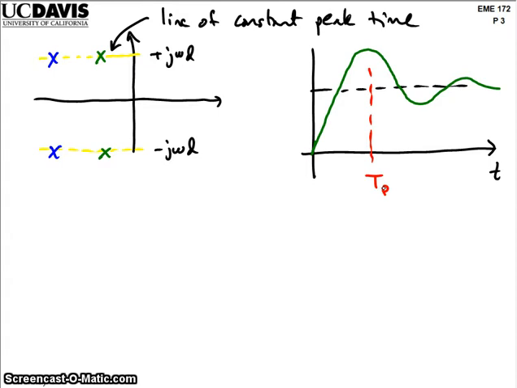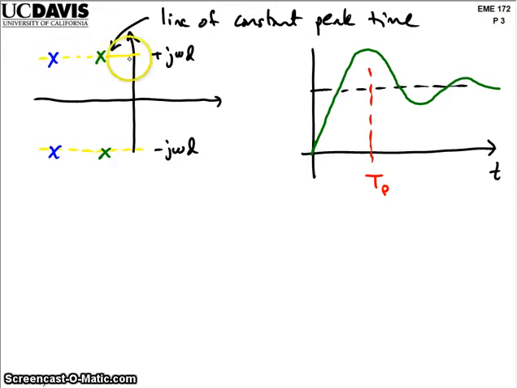Okay. And again, what I can imagine about the blue poles here is, it turns out that they have the same oscillation frequency, but the blue poles, because they're further into the left half plane, they're actually going to have faster settling time. Okay, so they have a greater damping ratio.